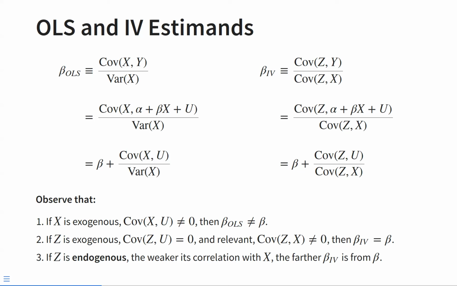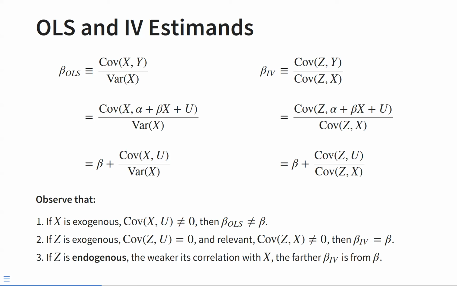So you probably recall that this is the covariance between z and y divided by the covariance between z and x. So again, plugging in the causal model for y and doing a little bit of manipulation, we get a familiar expression, namely that beta IV is equal to beta, the true causal effect of x on y, plus the covariance between z and u divided by the covariance between z and x.